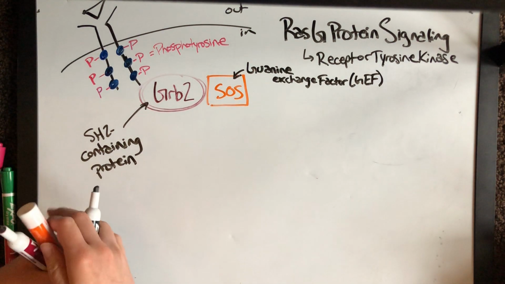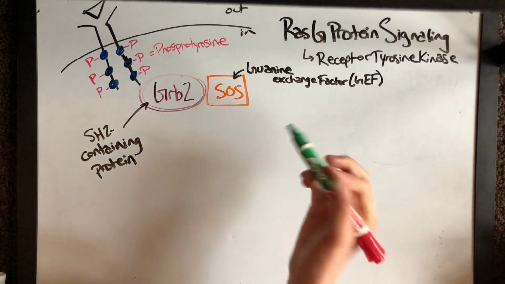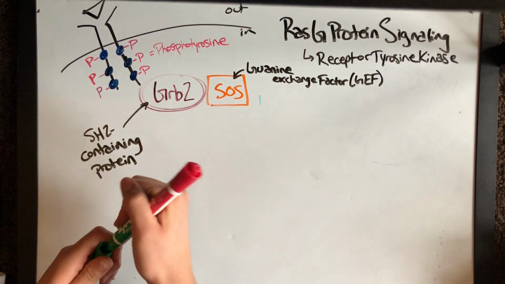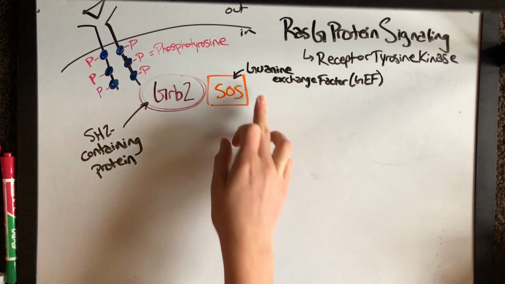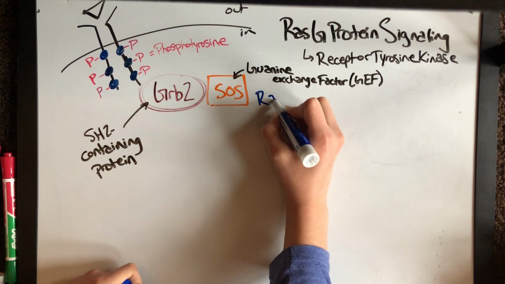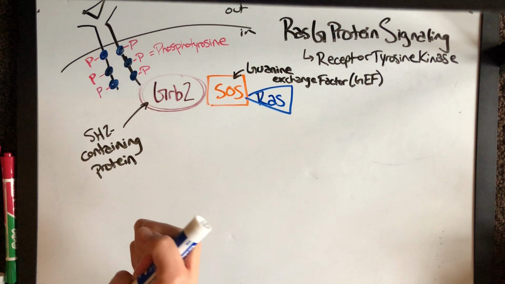Okay, and then our RAS is going to join up with all of those. So now we have three things all binding together.